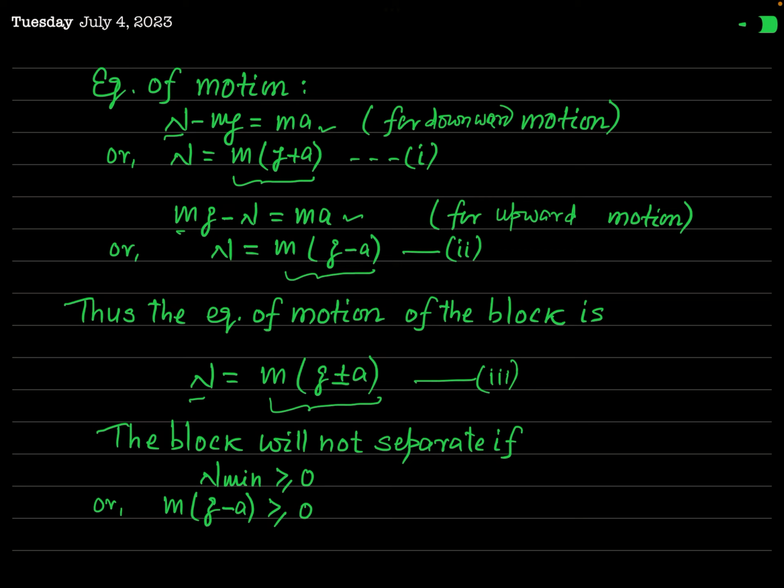So in this condition, you can see that the difference of N and mg actually acts as the restoring force which provides the simple harmonic motion to this block. Okay? And here you can see when we will take this minus sign, then we will get actually the minimum value of normal force. Okay? And according to our question, we have to find the amplitude when the block will get separated. Okay?